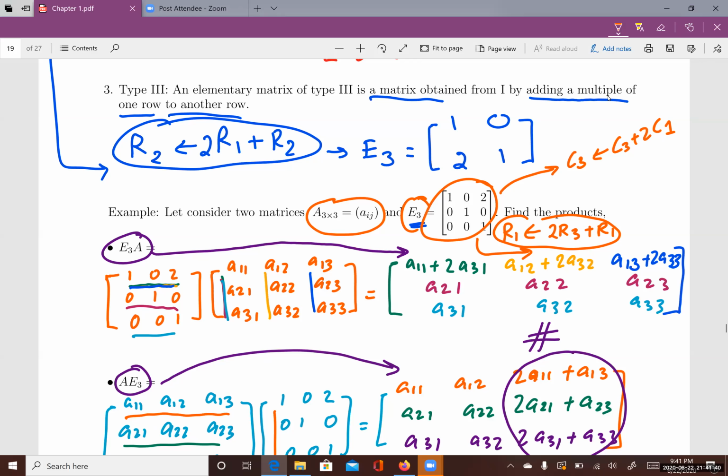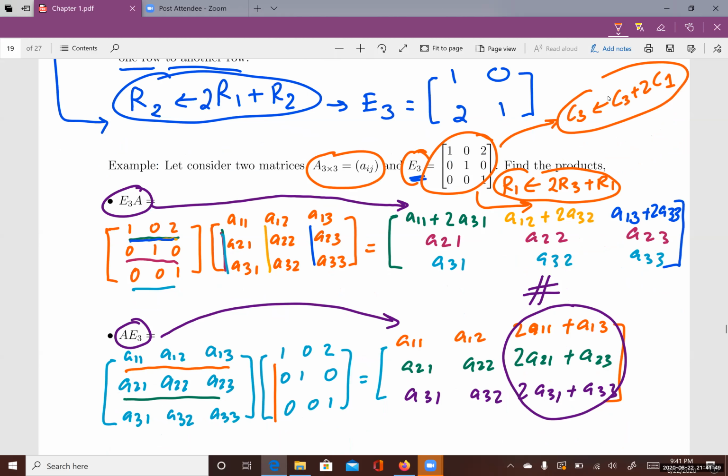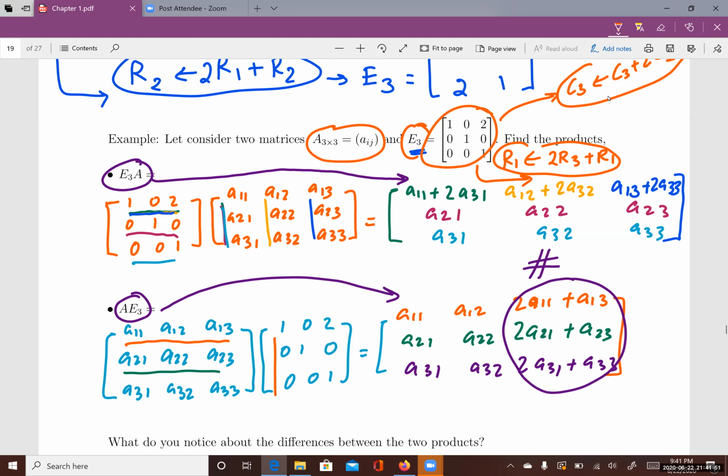Okay, so this is what you did here, right? Column 3 equals to 2 column 1 plus column 3. And as a result, when you take A times E3, you're changing column 3 by taking 2 column 1 plus column 3.